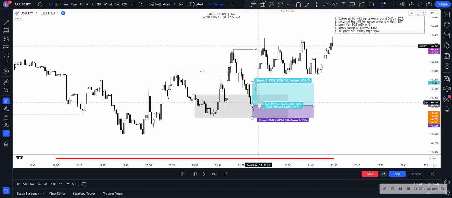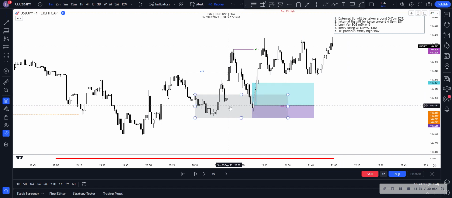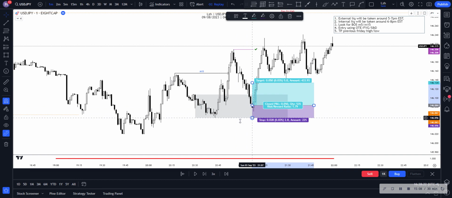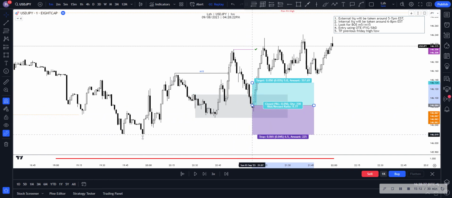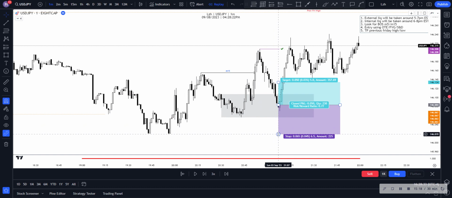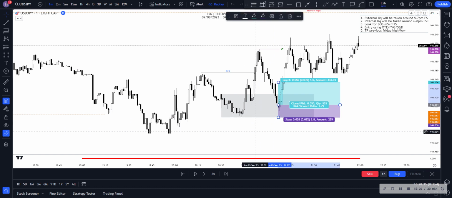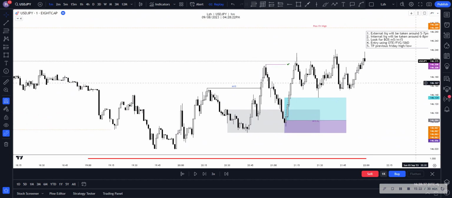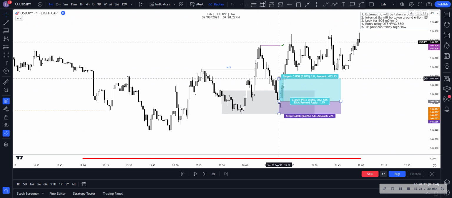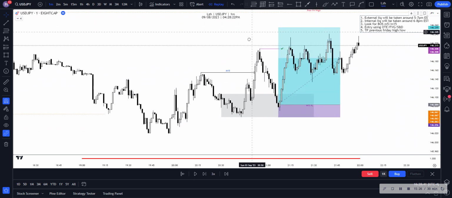So what I usually do is place the entry right at this level and the stop loss underneath the IC, or you can put it until this one just to be safe. Up to you. If you are a higher risk to reward taker, you can risk here. Depends on what you want to do. It's just different kinds of methods that you guys can place.